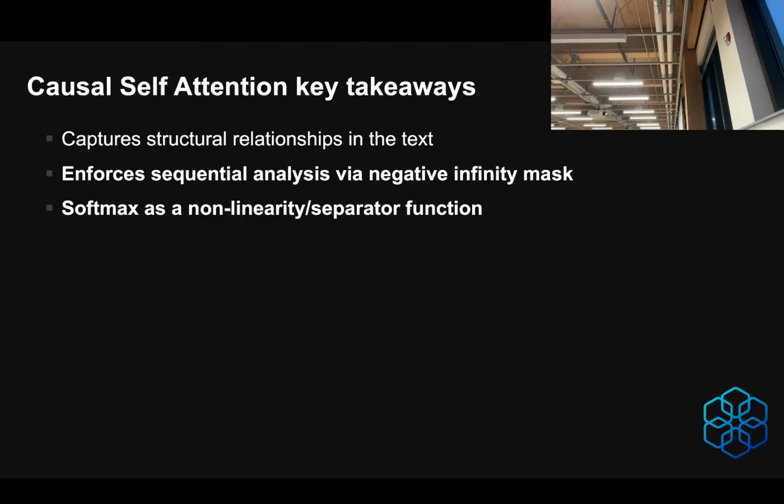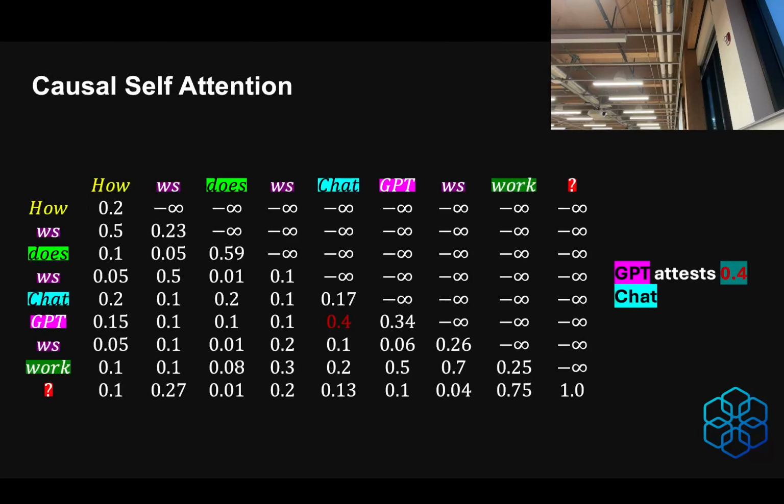And so the key takeaways from causal attention is that it is going to capture the structural relationship in the text. So it is going to look at things in what order they are. Remember, this is all produced in parallel, but in workshop number 1, you saw that we give positions to each of the embeddings in our sentence so that we know where they are.